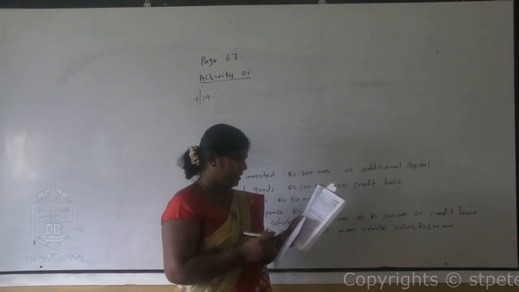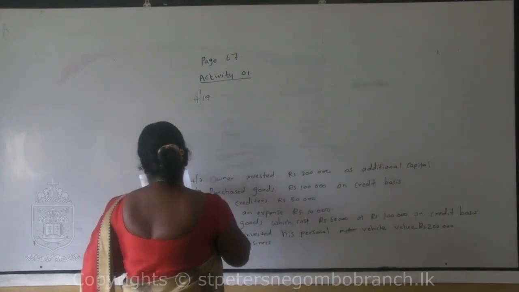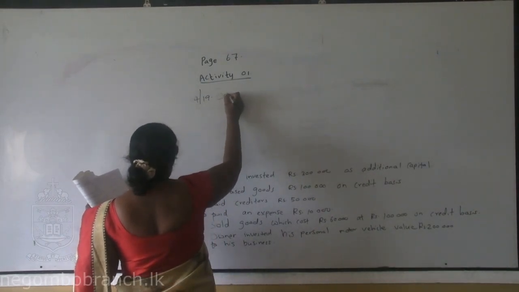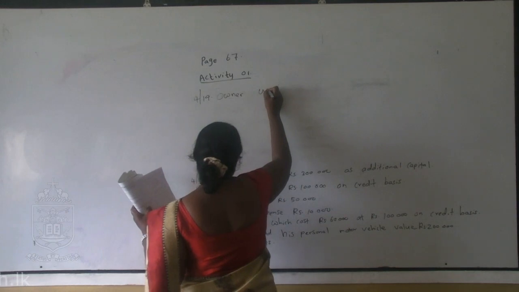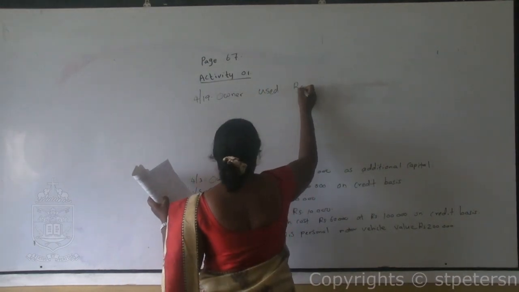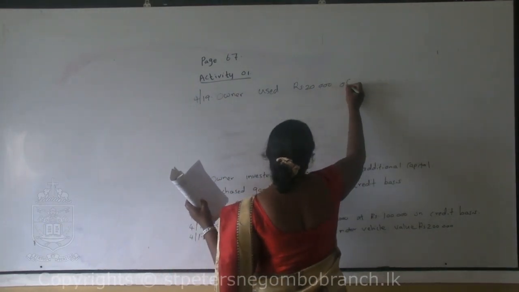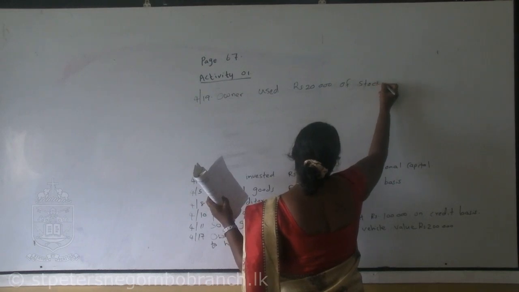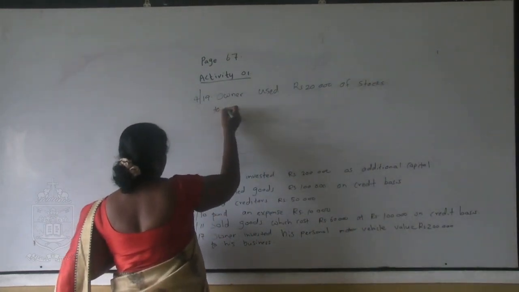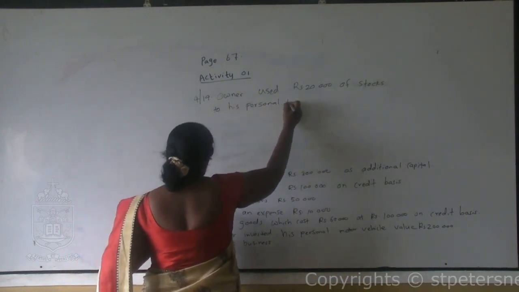So you should record it according to this way: owner used rupees 20,000 value of stocks to his personal use.